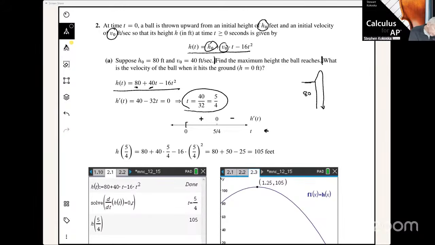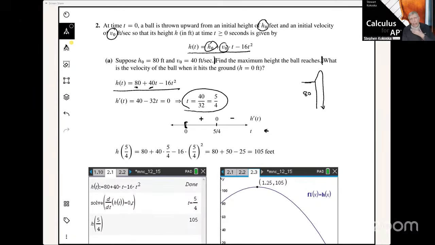It's kind of hard to see, but I have a solid square bracket in there, which means t could be equal to 0. I have one tick mark with a label where h prime is 0, and that occurs at 5/4.